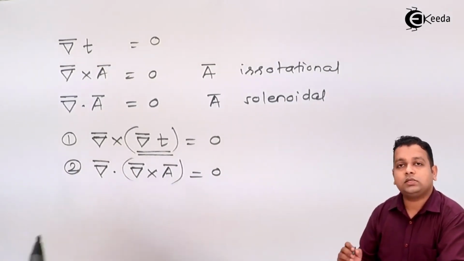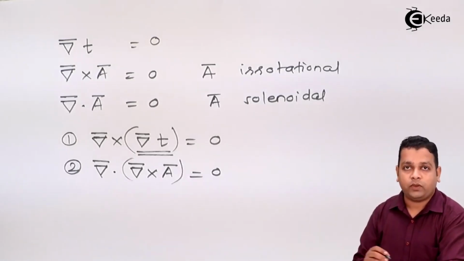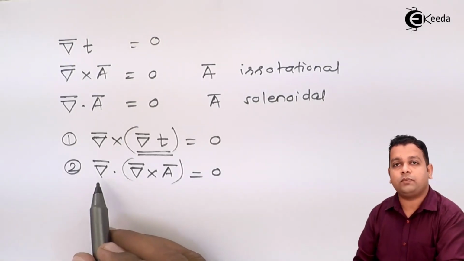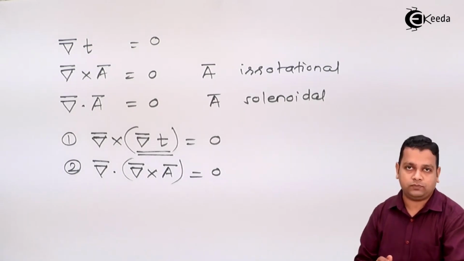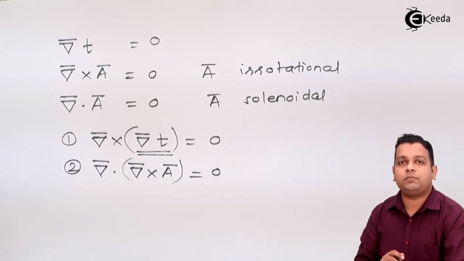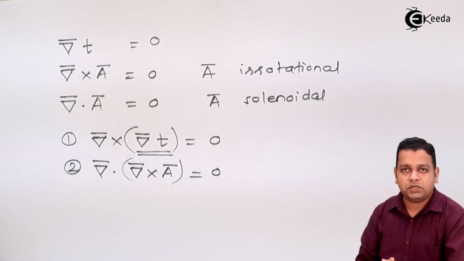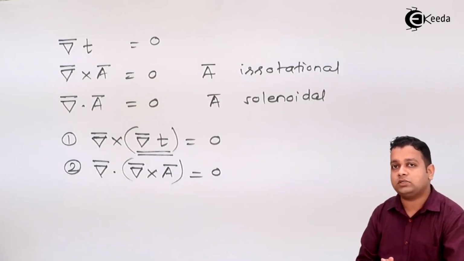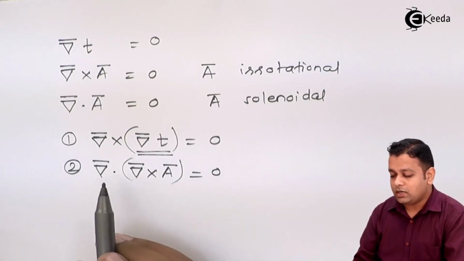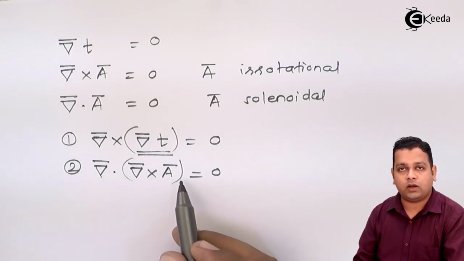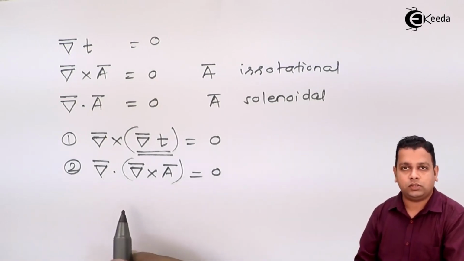So curl is the representation of rotation, whereas divergence is the representation of expansion or contraction. While A is representing any rotation property, it does not affect the volume of this three-dimensional space. It does not increase or decrease that particular value. So for that case, the divergence of curl of vector A is always equal to 0.